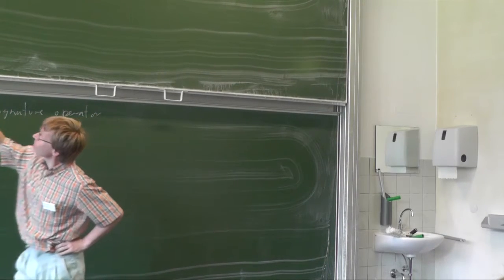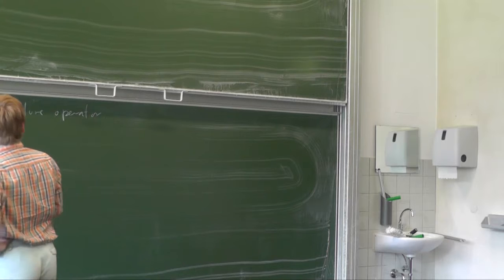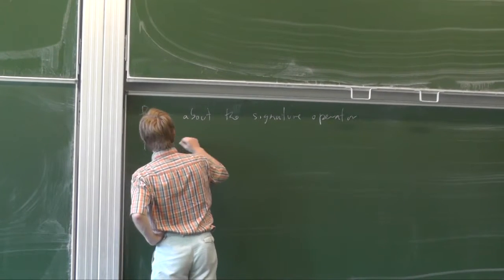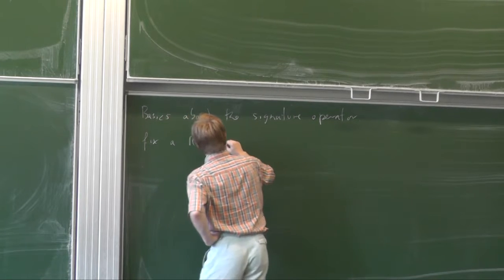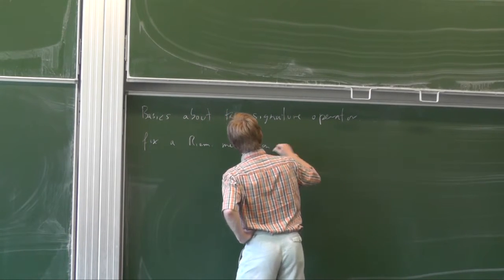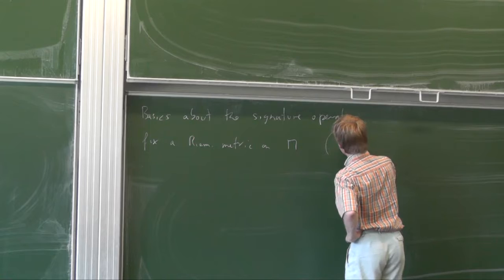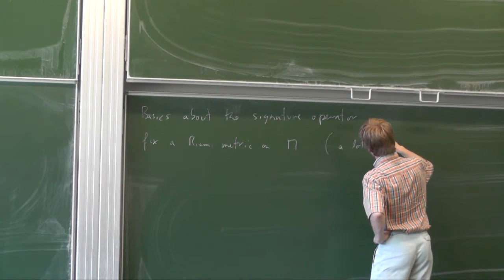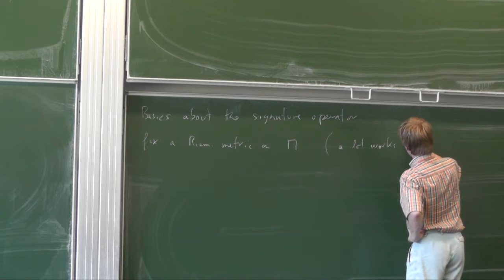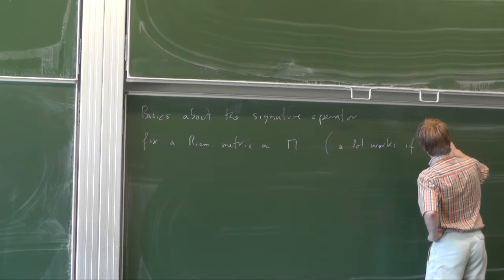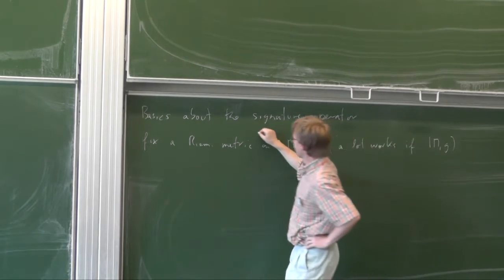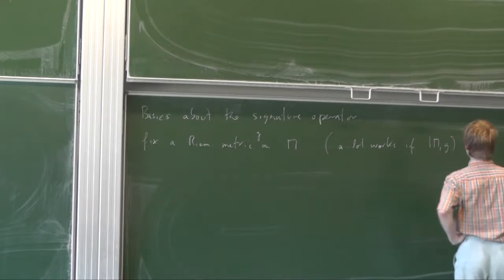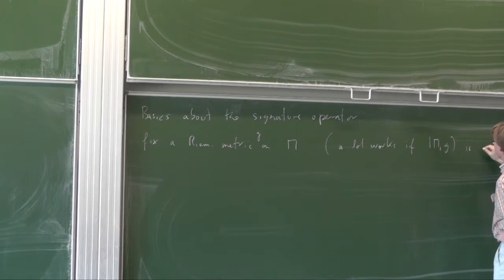So we have this smooth manifold M, and I'm fixing a Riemannian metric on M, and now a lot works if this metric g is just in the background, we don't really need much of it, it's just complete.